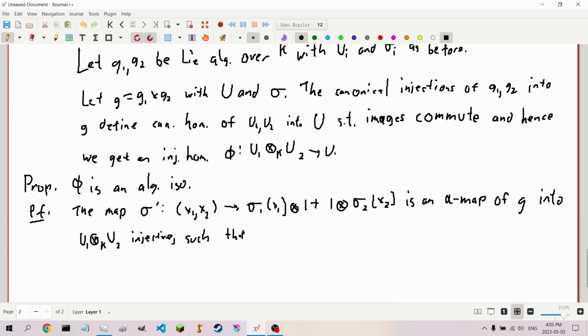such that sigma prime is also equal to the composite of tau with sigma.